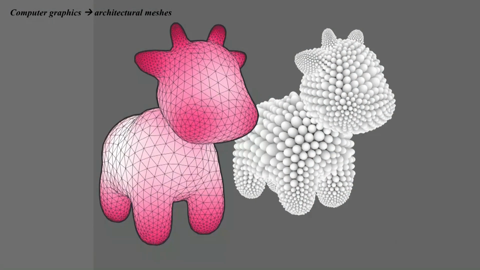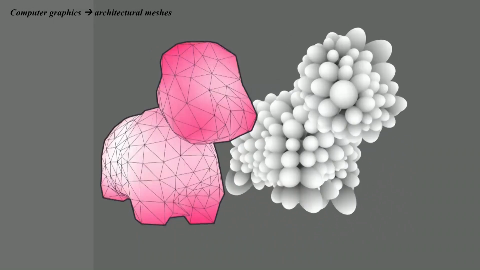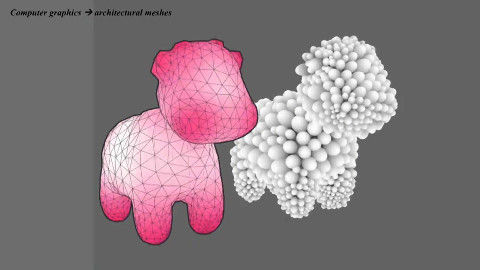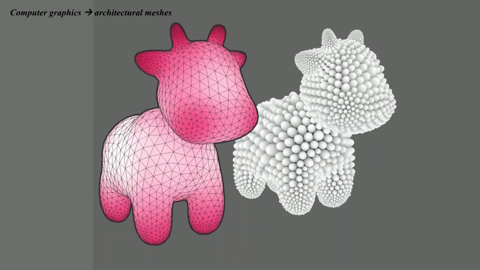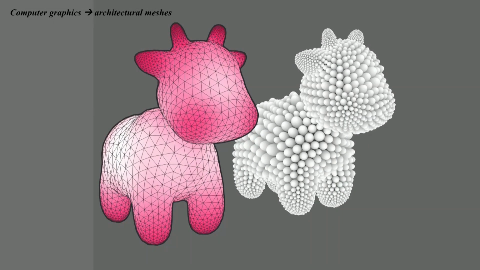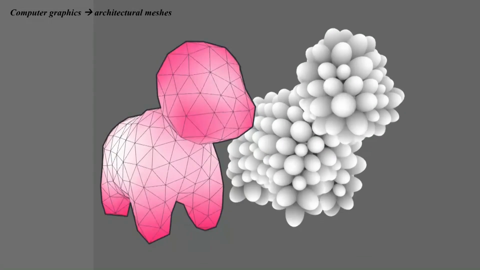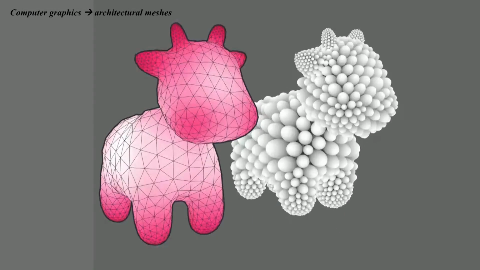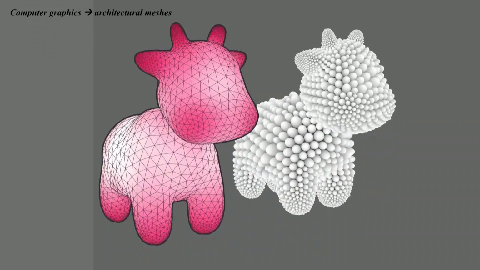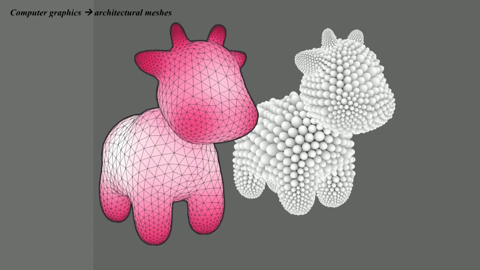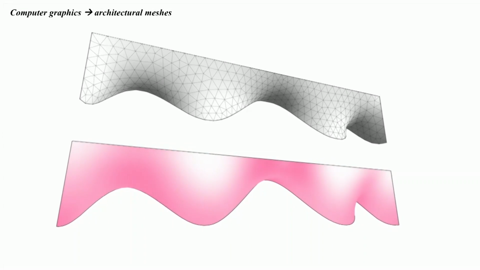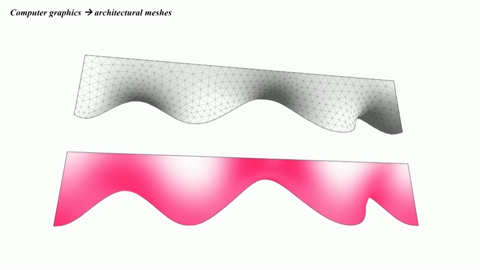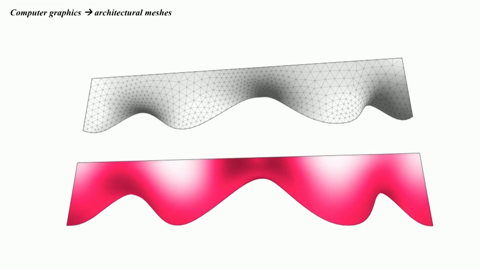So why use meshes, for example? Well, because it's fun. That's one of the reasons computer graphics really fascinates me and a lot of the people in the team, because geometry and math and programming can really be fun. And as soon as you can leverage and understand what's going on, you can then use it for more boring applications like architecture.